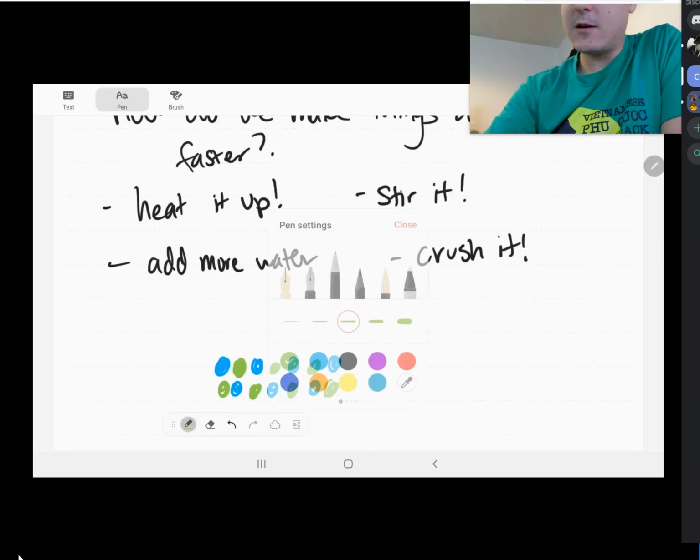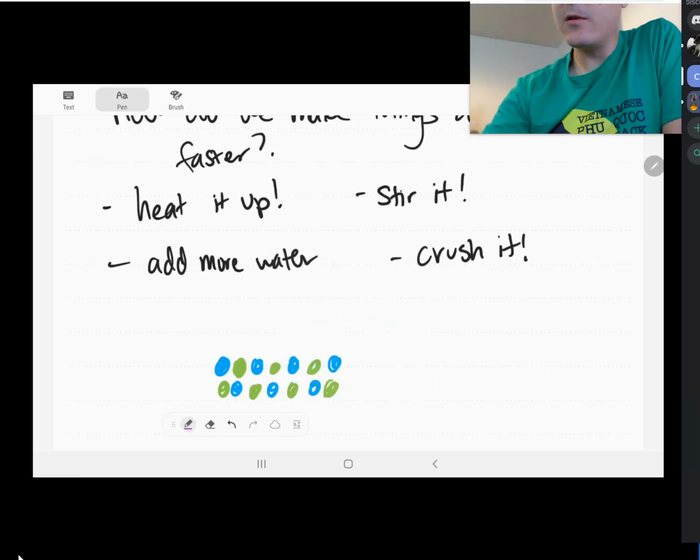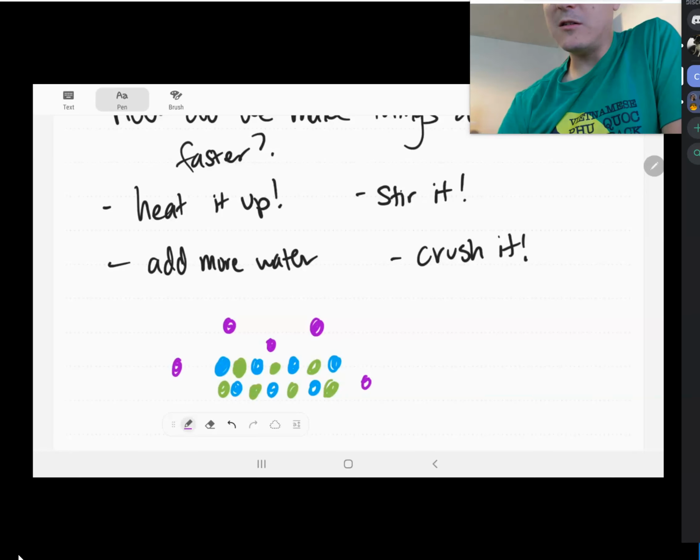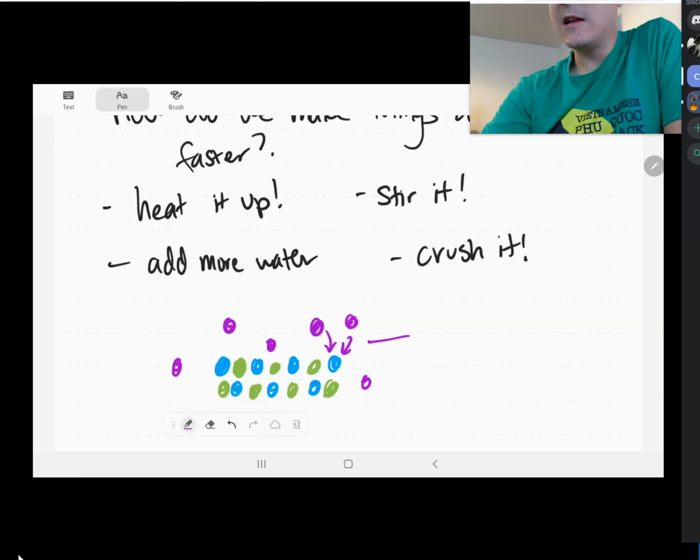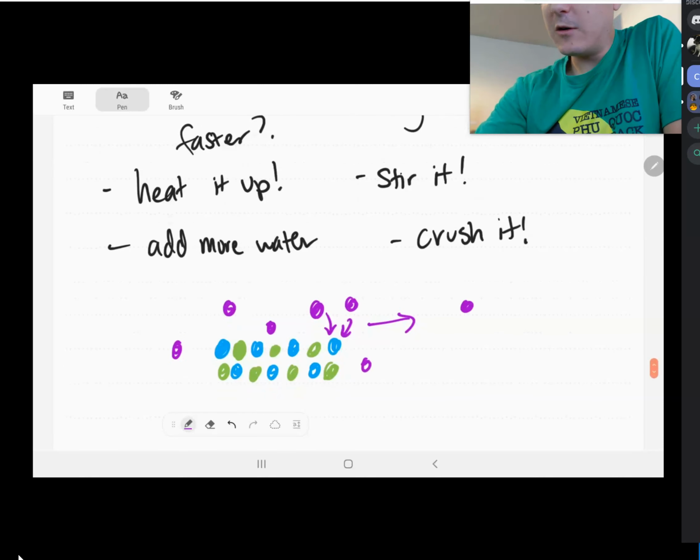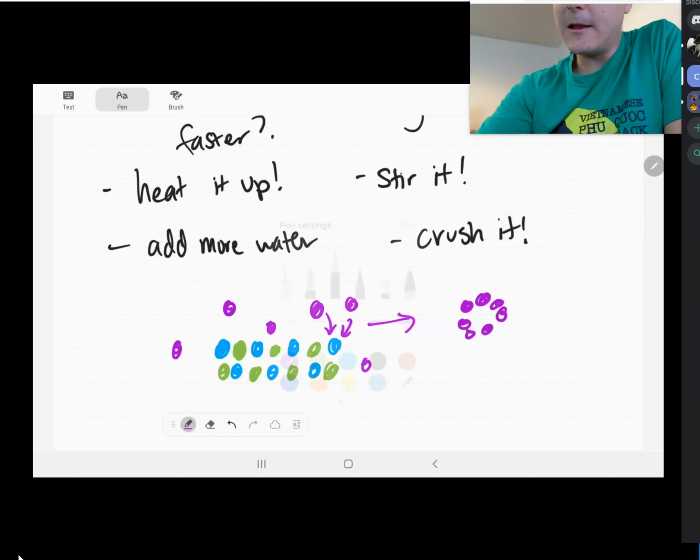Alrighty, so here's our sodium chloride. We have all these water molecules around. Remember, in order for something to dissolve, a bunch of water molecules have to come in and pluck it off. And so those will now go and form what's called the hydrated ion.